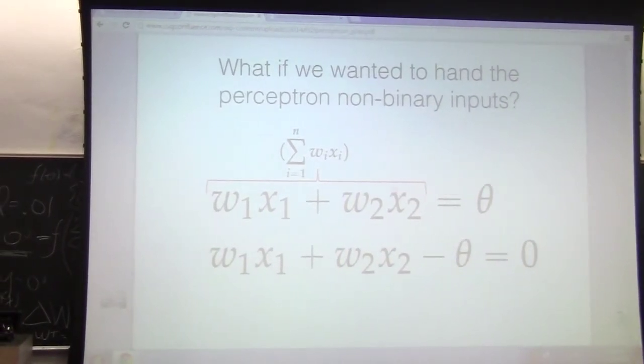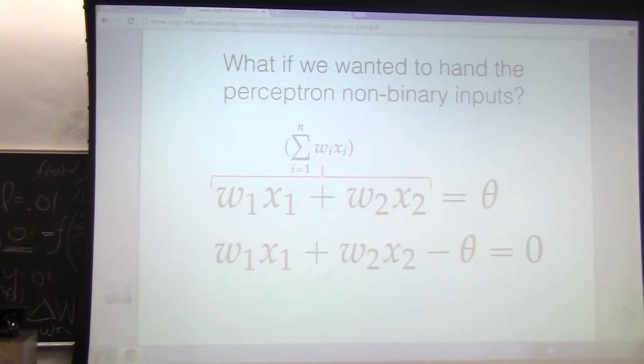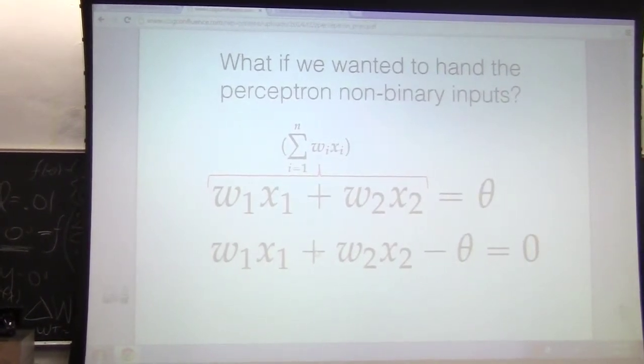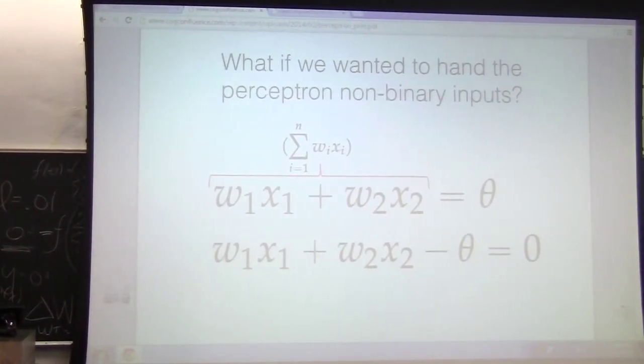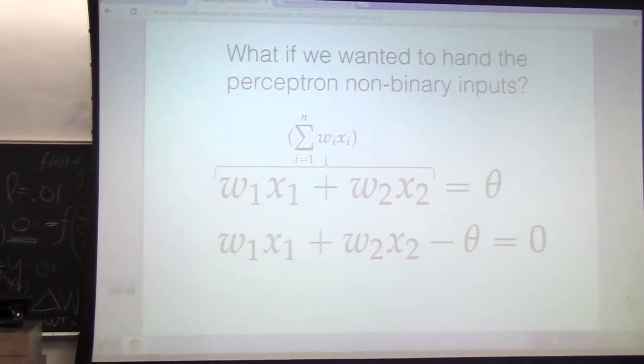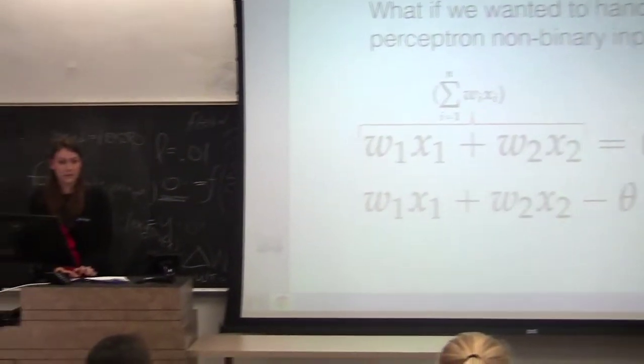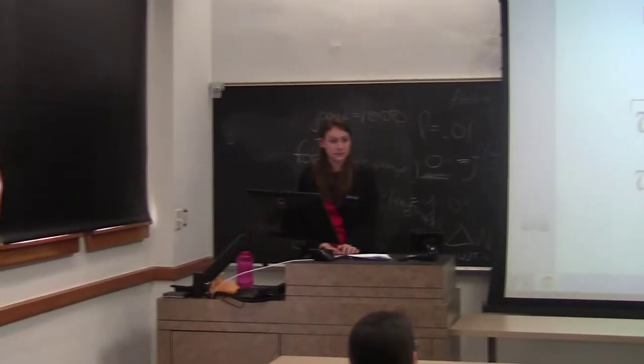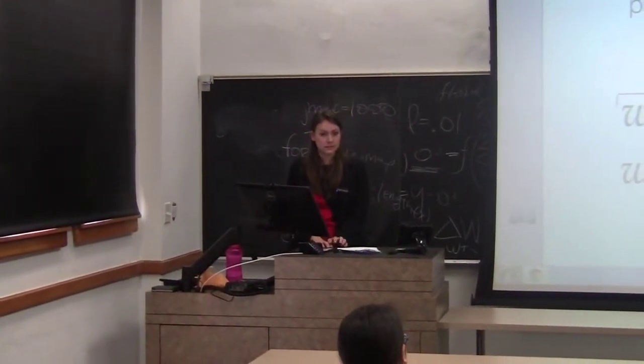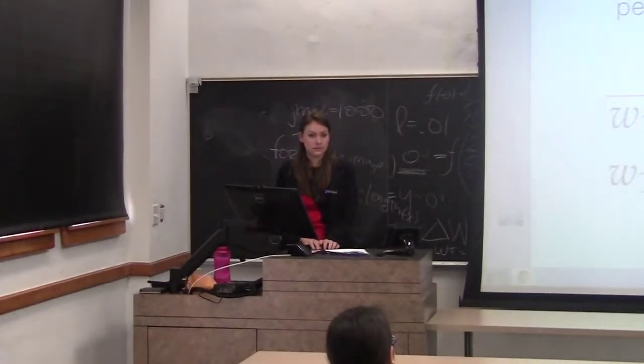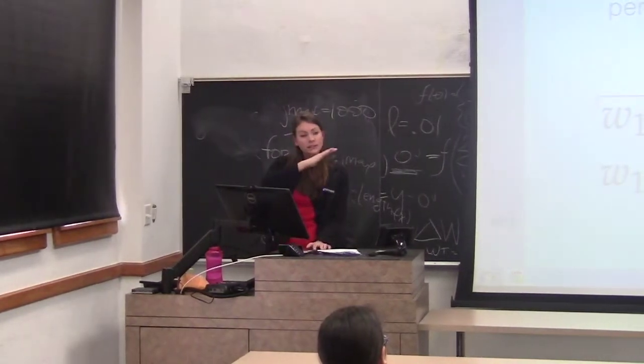We can rewrite this as the equation for this line, okay? So we just move theta to the other side. What would that line represent? Everything on one side of this line.